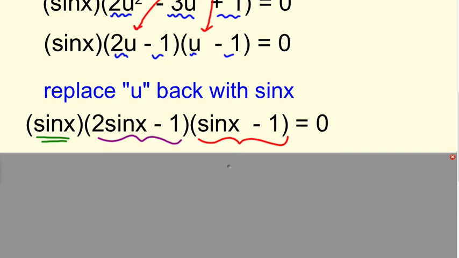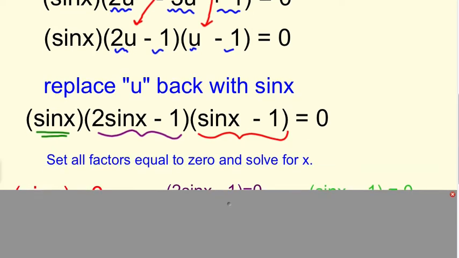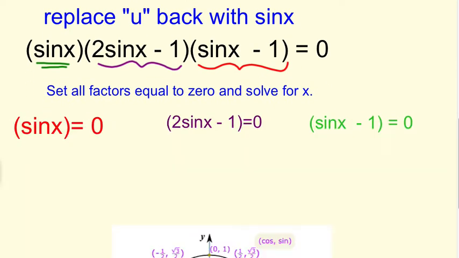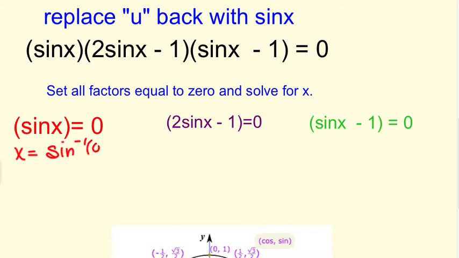Now we'll set each of those factors equal to 0 and solve for x. All right. So in the first equation, the sine of x equals 0. So we want to find out when would we get a 0 on our unit circle for y. So let's head down to our unit circle.